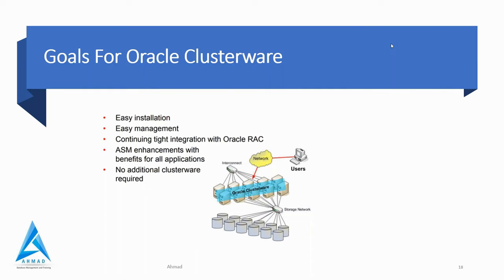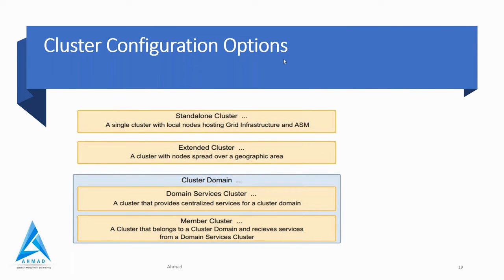In most cases, this capability removes the need to deploy additional clusterware from other sources. It also removes the potential integration issues caused by running multiple clusterware software stacks, and it improves the overall management of the cluster. So those are basically the goals for Oracle Clusterware.